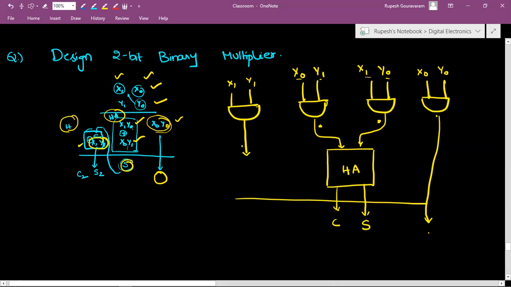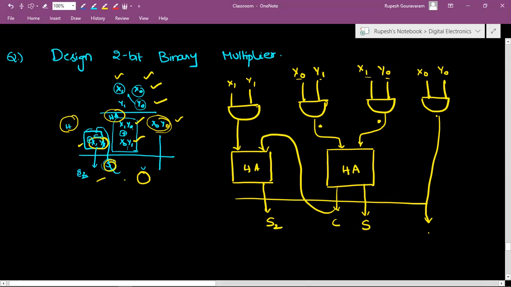So x1 y1 is here. We have one more half adder here. One input is this, and the second input is this, and the sum we write as s2, and carry is here.